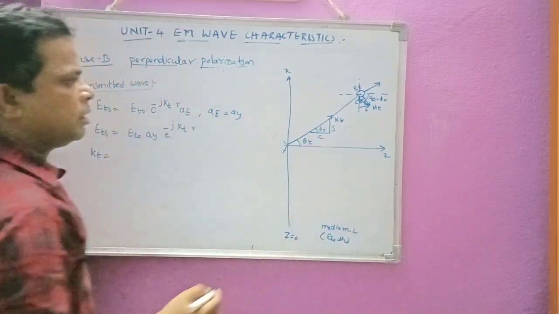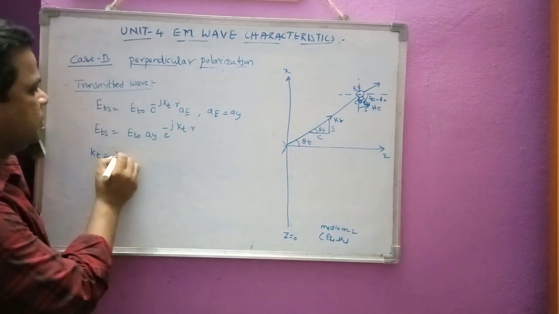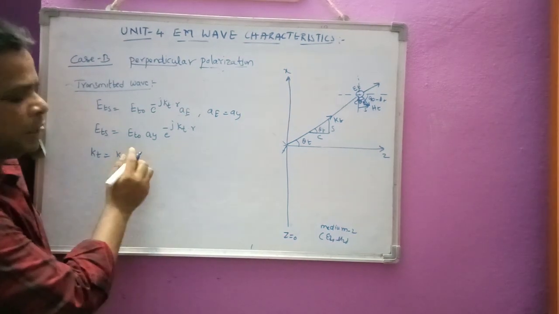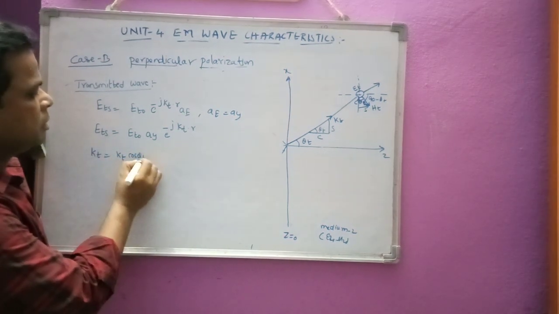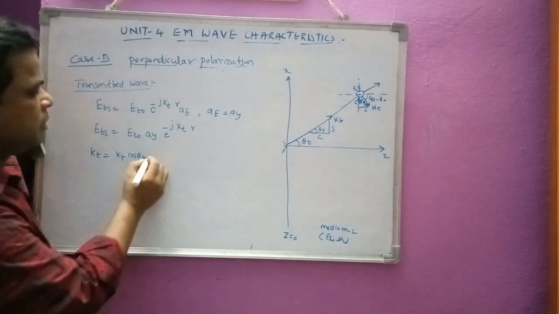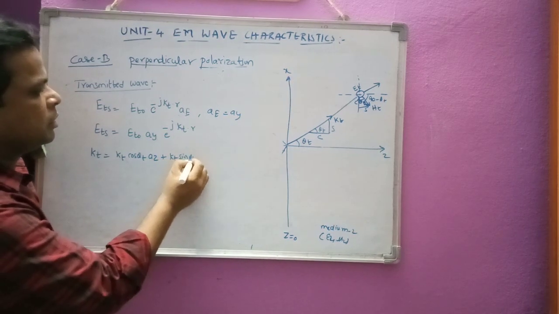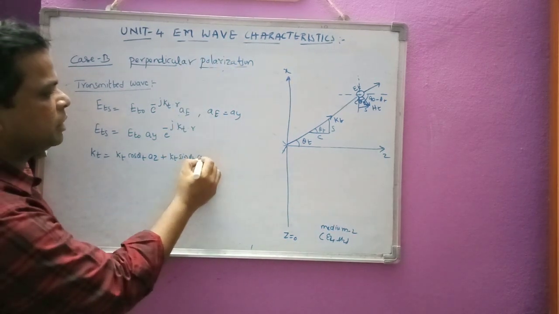So kt cos theta t is along the positive z direction, az. Next, kt sin theta t is along the positive x direction, ax.